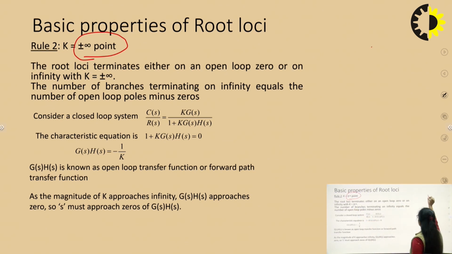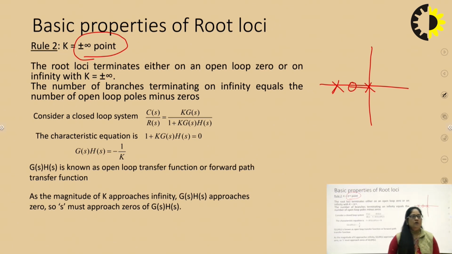If the root locus is starting from the location of the poles, and you have a zero here, then one of the branches will terminate at the zero, whereas the other will approach infinity. The number of branches terminating at infinity equals the number of open loop poles minus zeros.